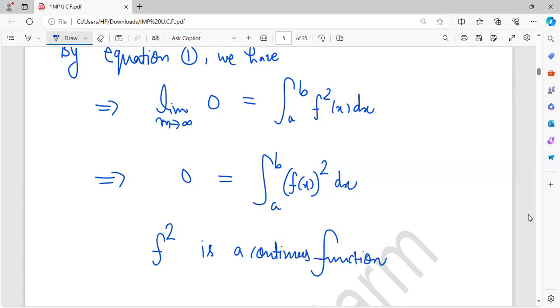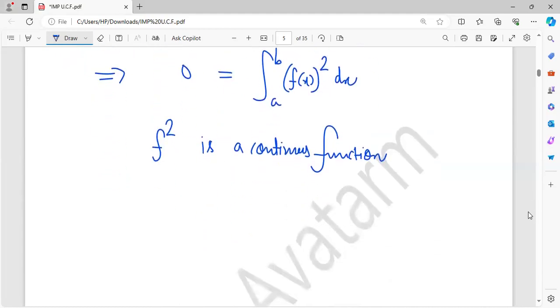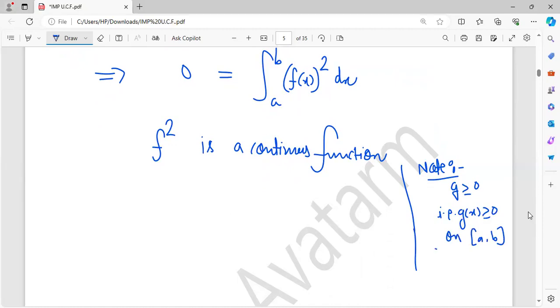Now f square is a continuous function. Now we have one result. Suppose you have a function g, a non-negative function. It means g(x) is greater than or equal to 0 on [a,b], and g is continuous on [a,b], and its integration over [a,b] is 0.